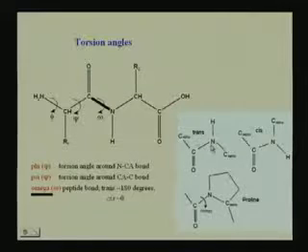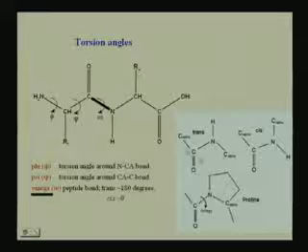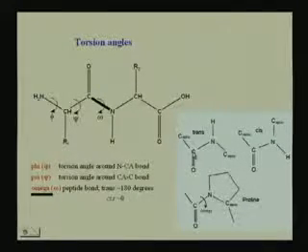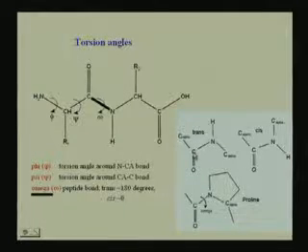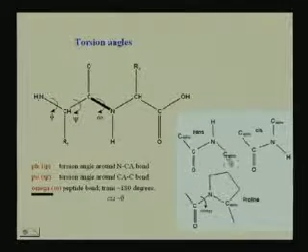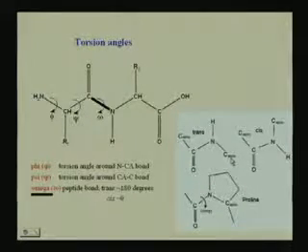If I look at this, this is my C alpha, this is my C double bond O, this is my NH, this is my C alpha of the next, which is R1 now? This is R1. How do you know it is R1? Because its tail is carboxylic acid. NH is the beginning of the next one. It has to be. So this is R2.